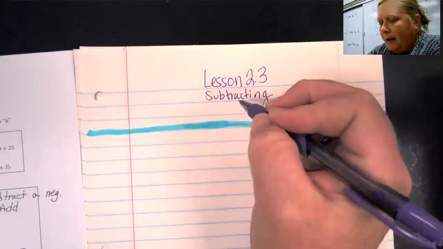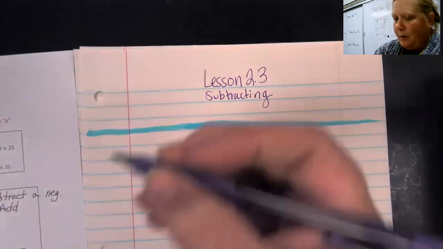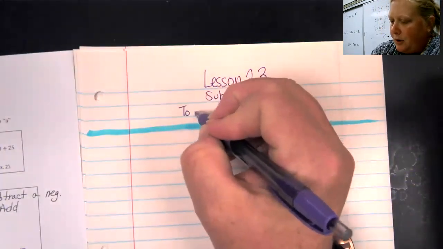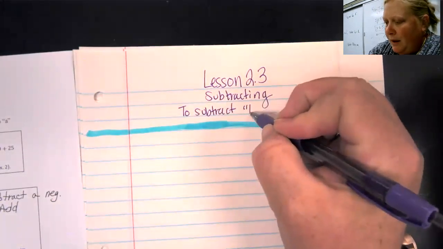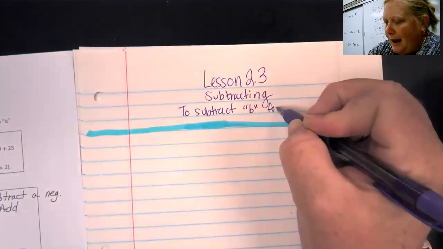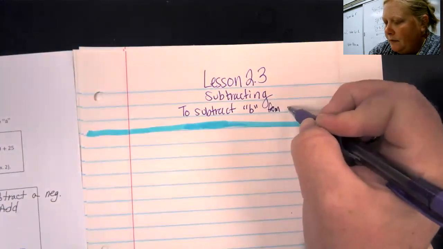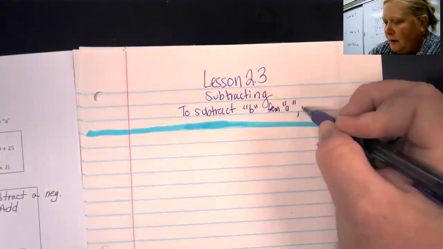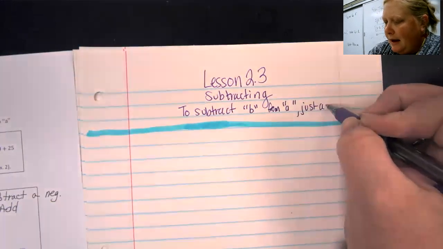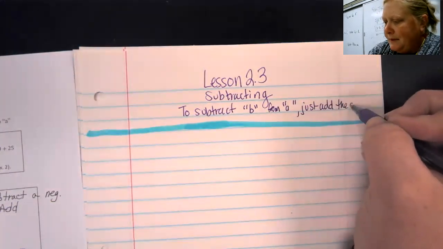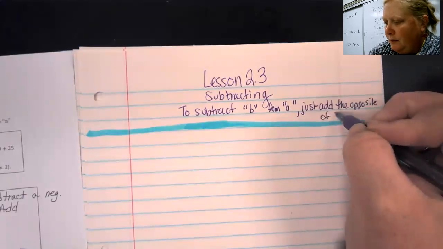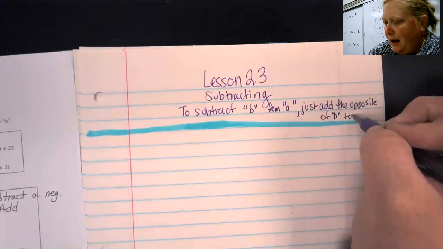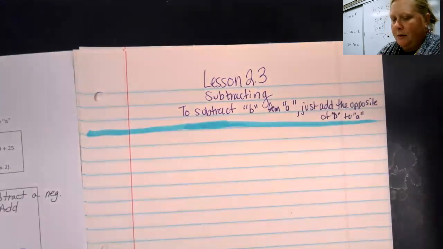So I'll just say, to subtract B from A, just add the opposite of B to A. Now, if you're not sure what that means, of course, we want to give you some examples.